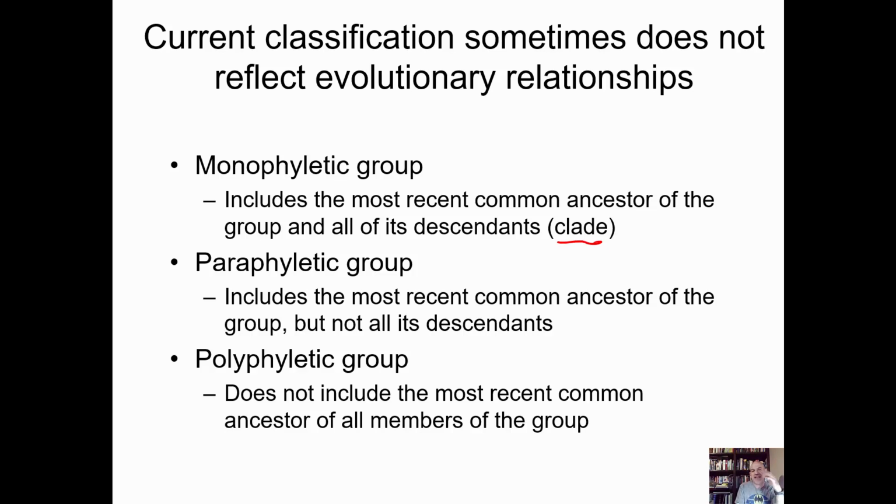So when I say the class Mammalia, for example, it is a monophyletic group. At least that's what is accepted right now based on the evidence. Okay? That means that all animals placed in the group Mammalia that have hair and have mammary glands, it's accepted that they share a common ancestor. That would reflect a clade, an evolutionary unit.